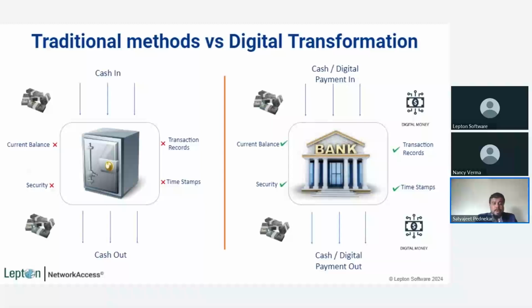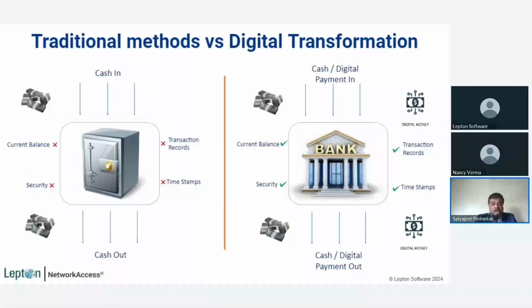But when the digital transformation happens, after the introduction of the banks, all the processes get digitized. The money gets transacted as cash, or digital money, maybe via checks, or maybe online transactions. And when the money goes out, the money gets debited. Again, it goes in cash and even in digital money. But the bank is the one actually helping you find out what the current balance in your account is. What are the transaction records?